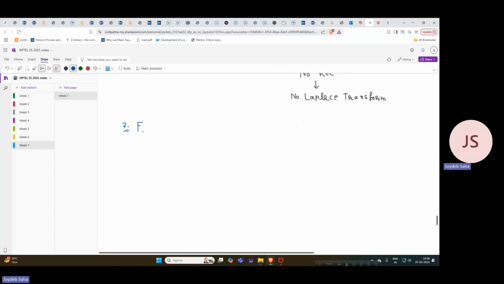Find the Laplace transform of x(t) is equal to e to the power minus 2 mod t.